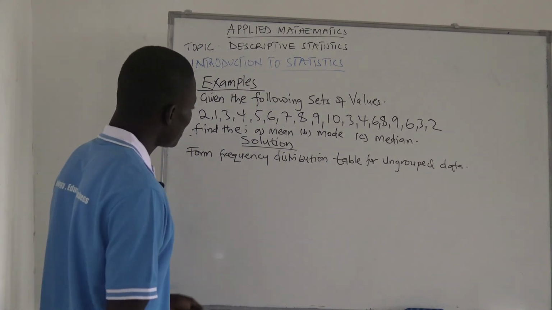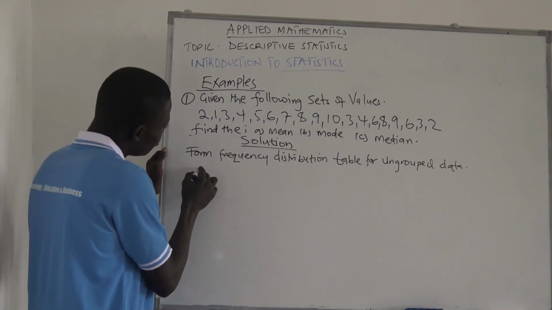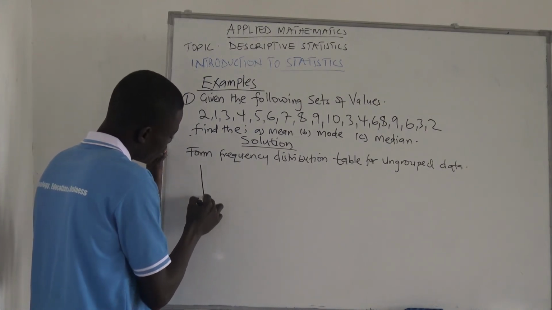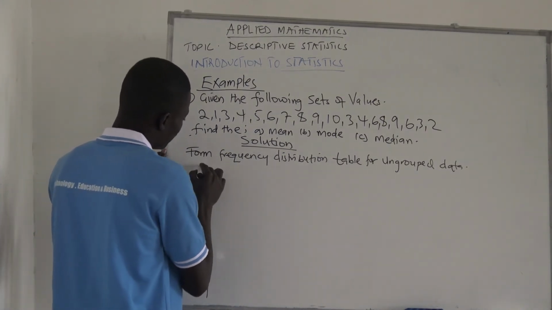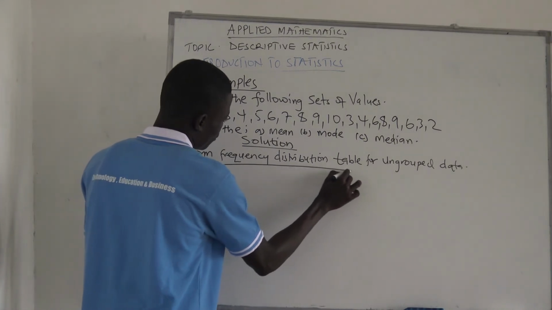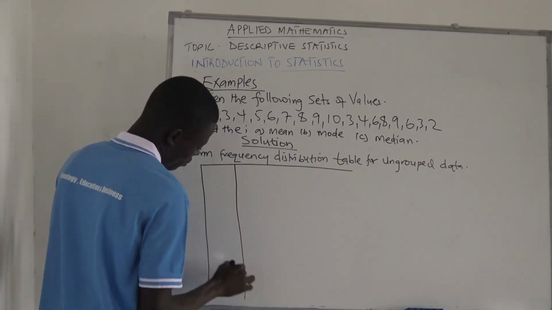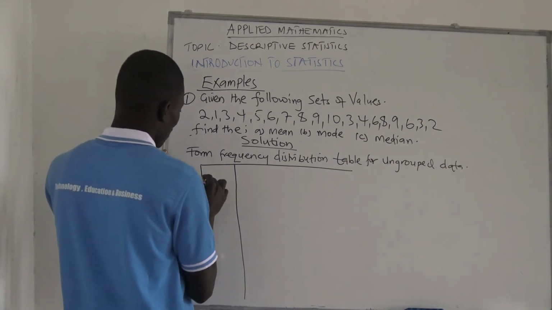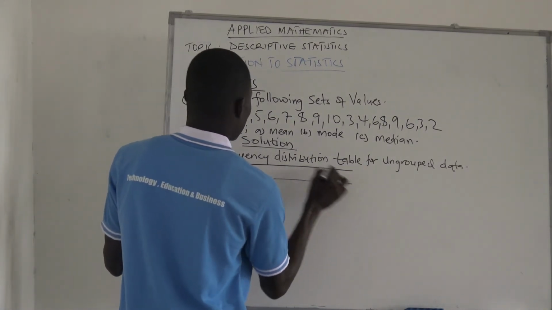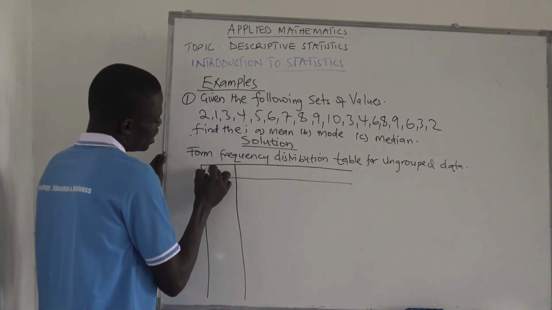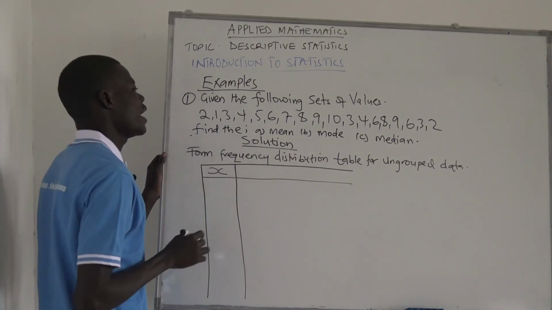So we start. We say our first column will always be the variable x. Our first column is variable x.